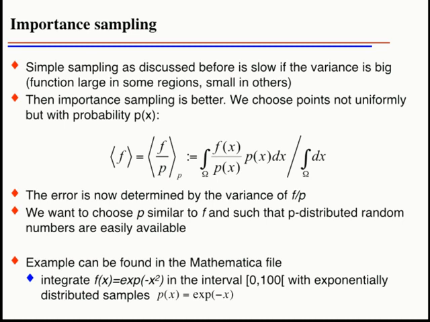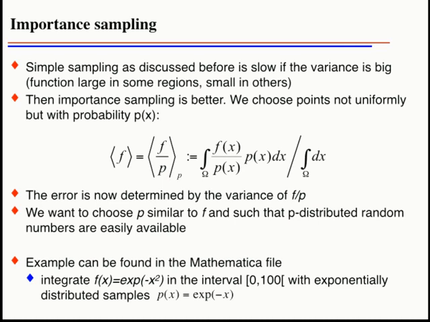Importance sampling means that we don't sample points x uniformly, but according to a probability distribution p. If p is very similar to the shape of our function f, we will sample more and more points where the function has higher values.